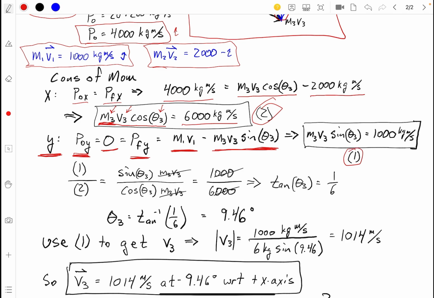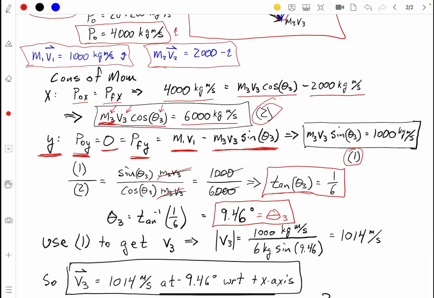If we ratio those things, then these go away, and we're left with 1 over 6. And the sine over the cosine is the tangent. So we have this nice equation, and that gives us a theta 3 of 9.46 degrees. Really, really good.